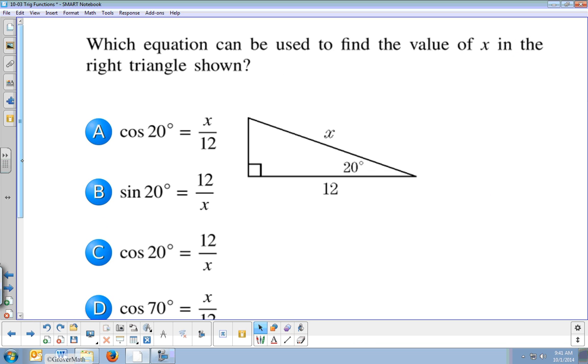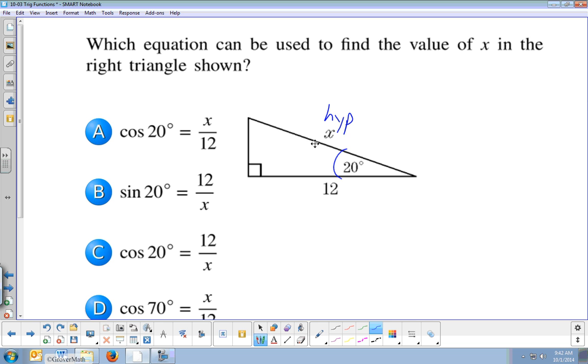This next question is very similar, saying which of these could be used to solve for x. And again, it's just which of these are true statements based off of this. Now notice that we only have two sides here, and instead of labeling all three angles, they give us one angle measurement. And so this is the angle we're using to label our sides as opposite, adjacent, hypotenuse, and so on. The hypotenuse is the hypotenuse no matter what angle you're using.